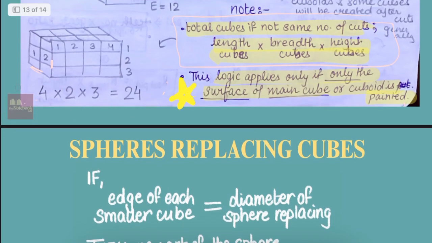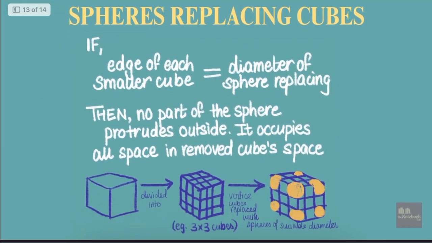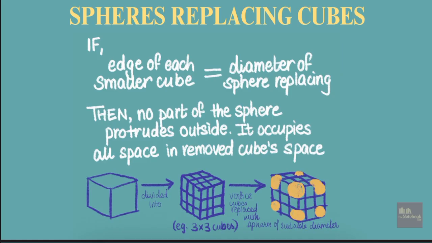Now we will move on to the last topic, which is the spheres replacing the cubes thing. Okay, so now spheres replacing cubes is basically when you replace the vertices or the edges or whatever with your spheres.